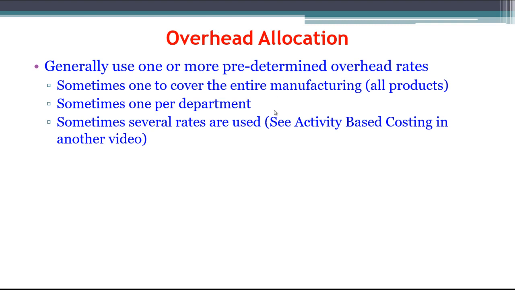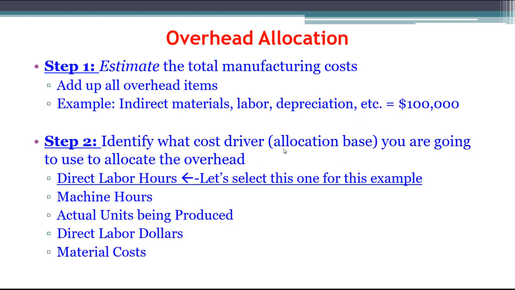Some of them might be driven by direct labor hours. Some might be driven by machine hours. We'll see some options in just a bit. And then in some cases, you have several rates used. Now, this is discussed more when we get to activity-based costing, which is another video altogether. You'll see a lot more of that discussion.